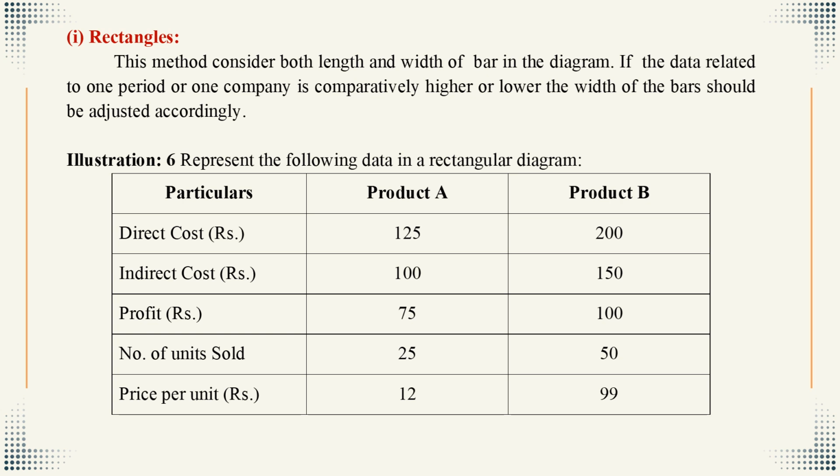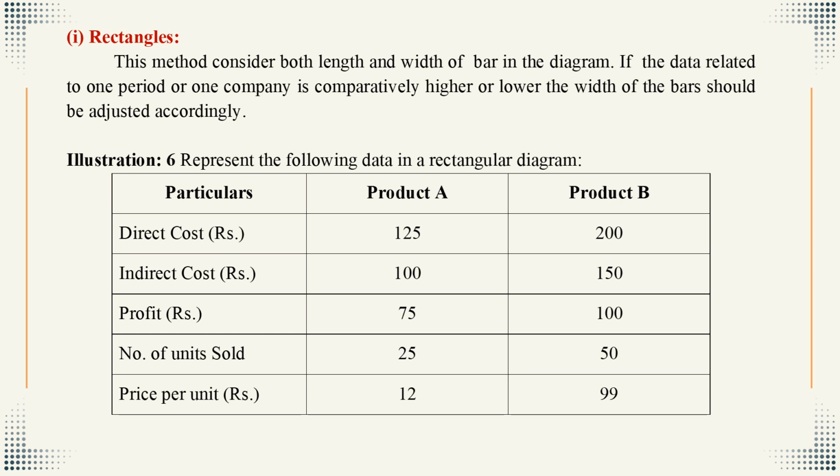This method considers both length and width of the bar in the diagram. If the data related to one period or one company is comparatively higher or lower, the width of the bars should be adjusted accordingly. So width has some meaning in some kinds of diagram. In some kinds of diagram, the width is not taken into consideration.